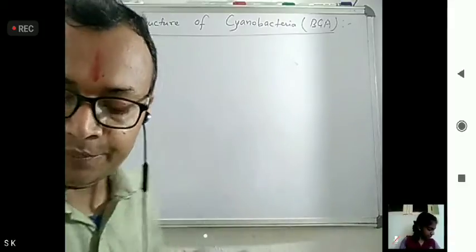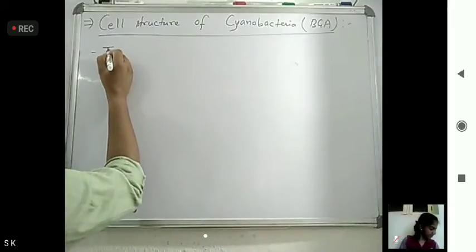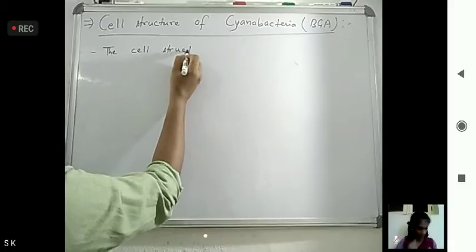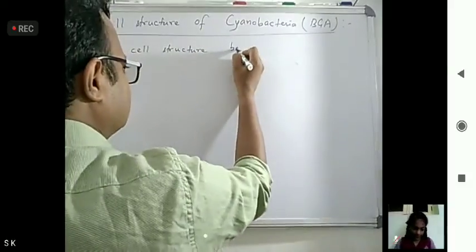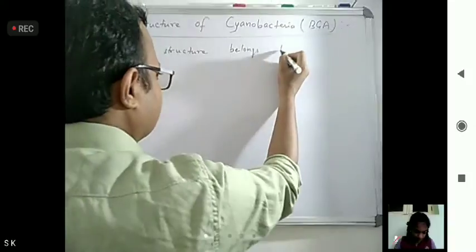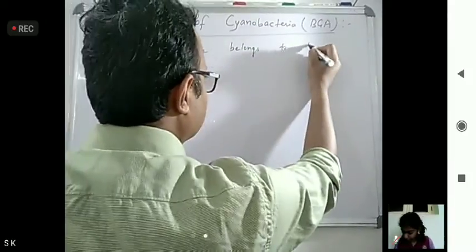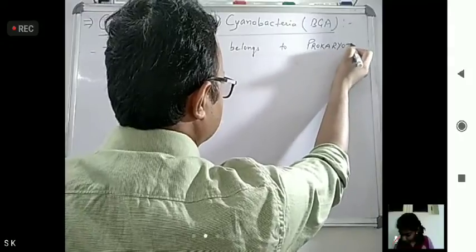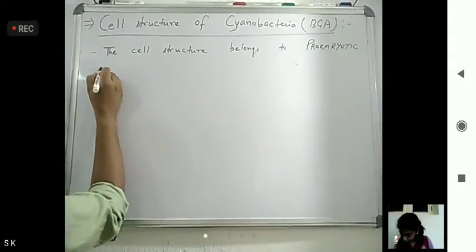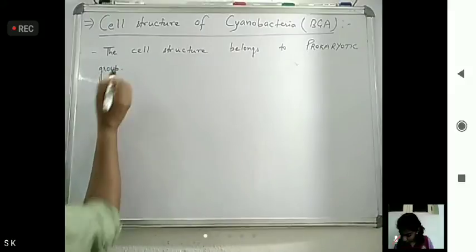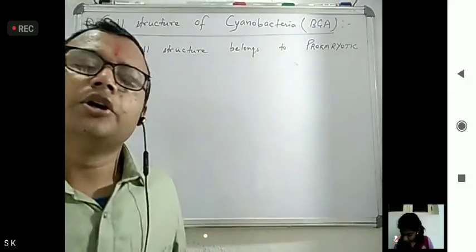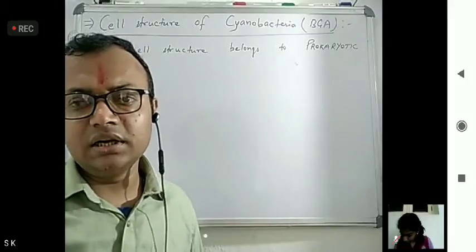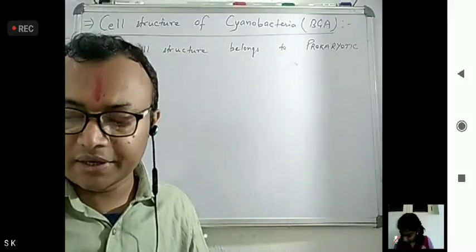So the cell structure belongs to the prokaryotic group, and prokaryotic means the cell lacks a well-defined nucleus.